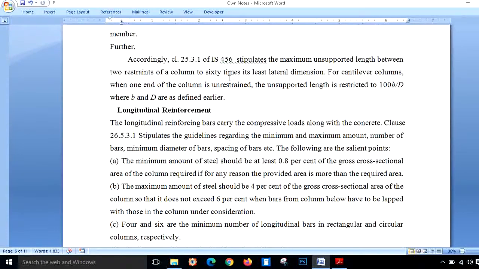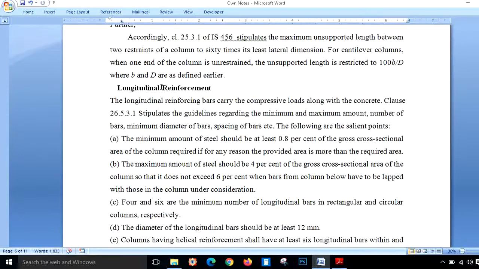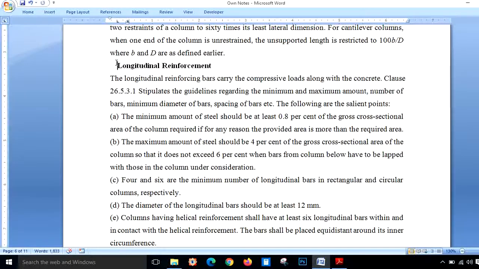Now for design of column, there are various clauses given in the IS 456. To design the column, we have to design two types of reinforcements, that is longitudinal reinforcement and transverse reinforcement. Transverse reinforcements are nothing but ties which we call rings.